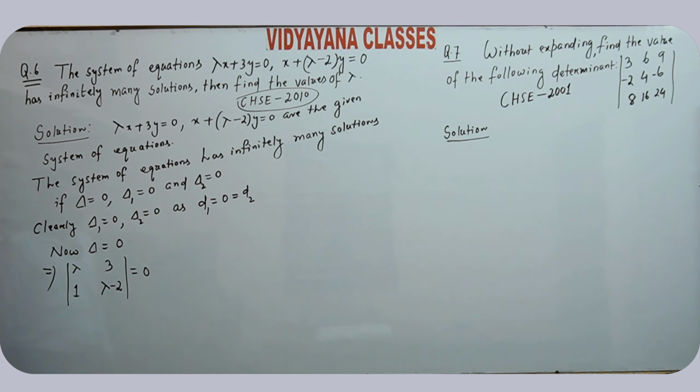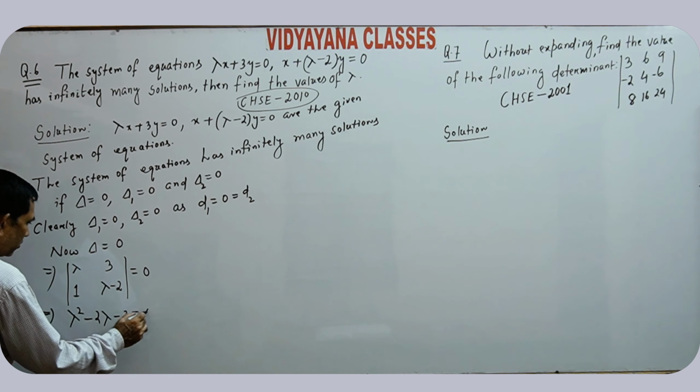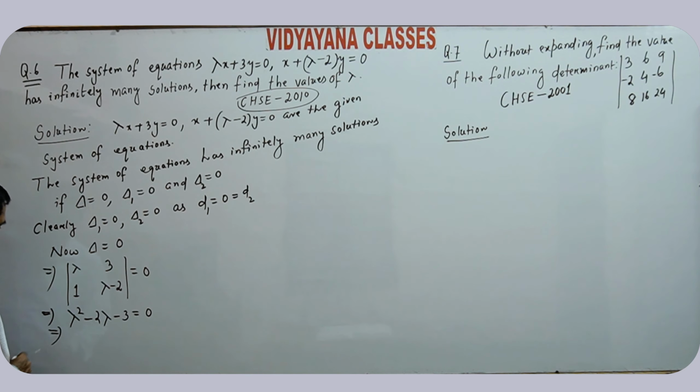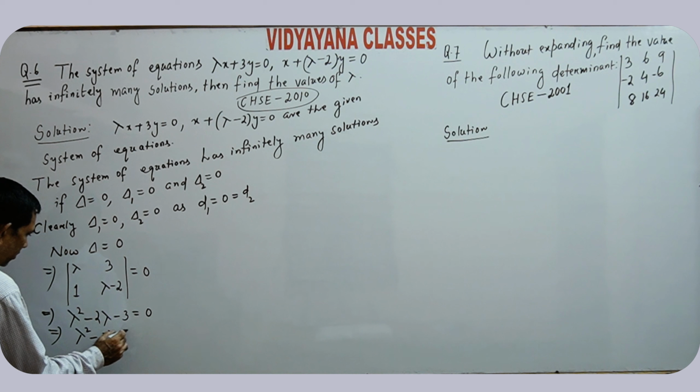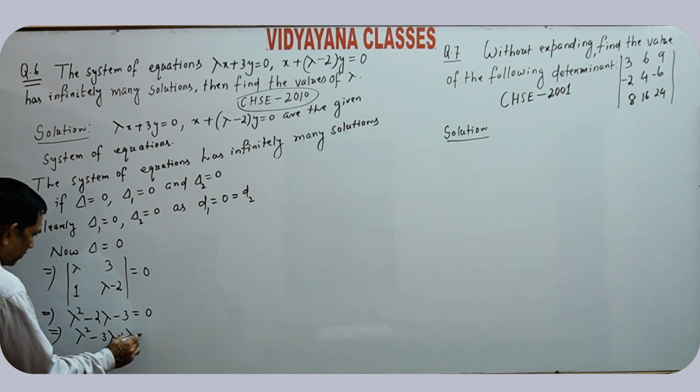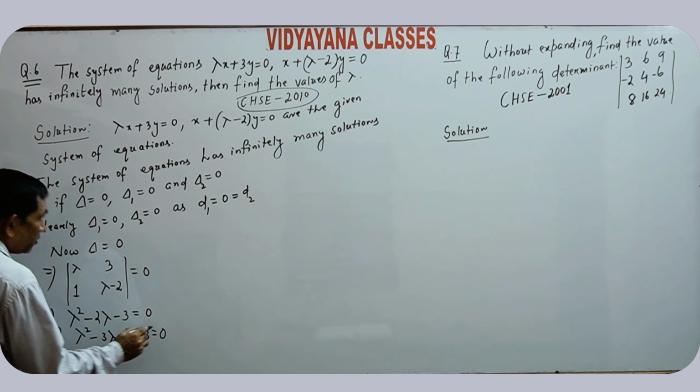It is a del, which implies lambda square minus 2 lambda minus 3 is equal to 0. Which implies lambda square minus 3 lambda plus lambda minus 3 is equal to 0.